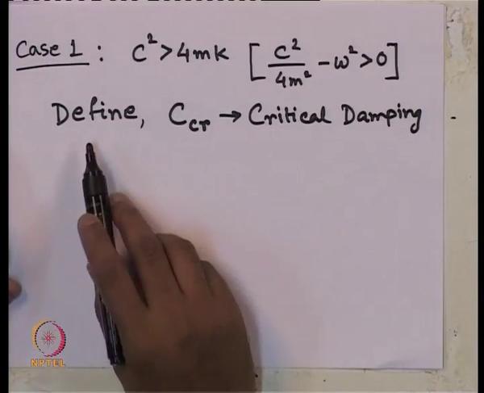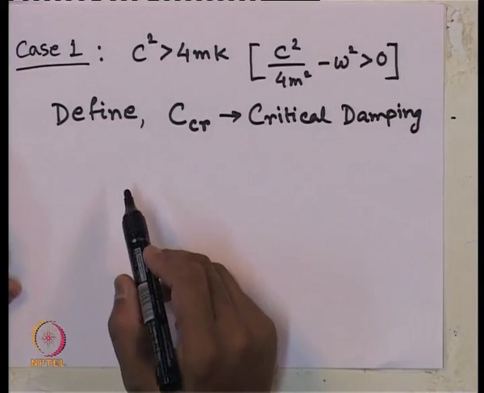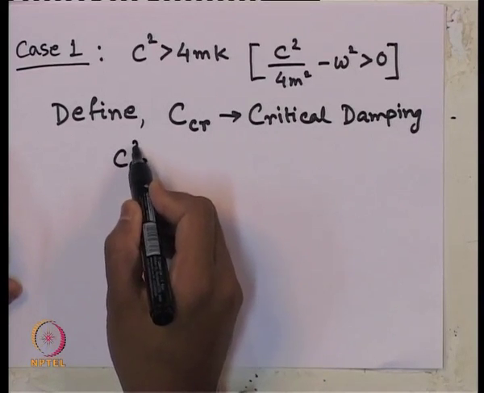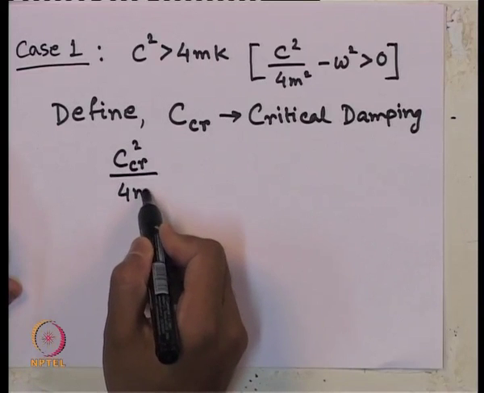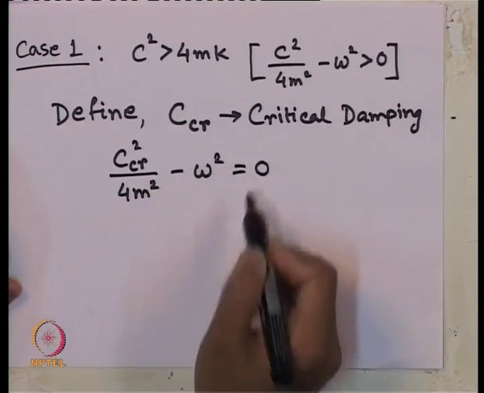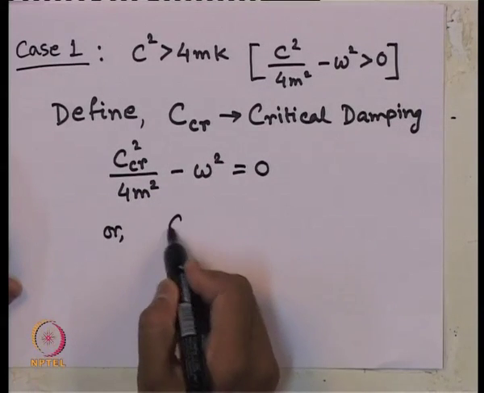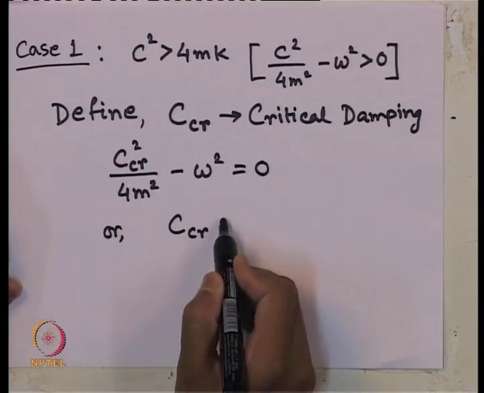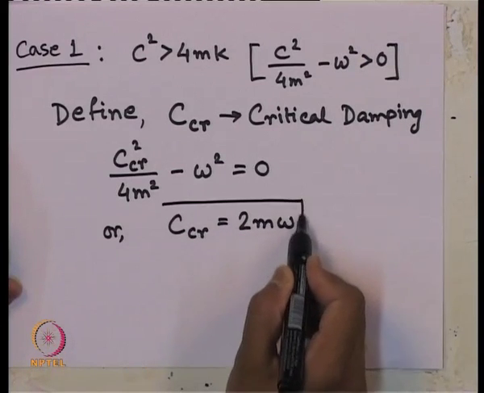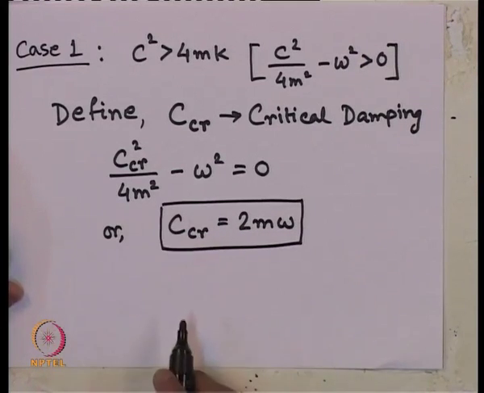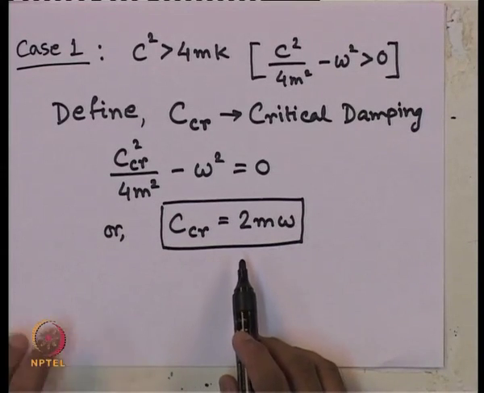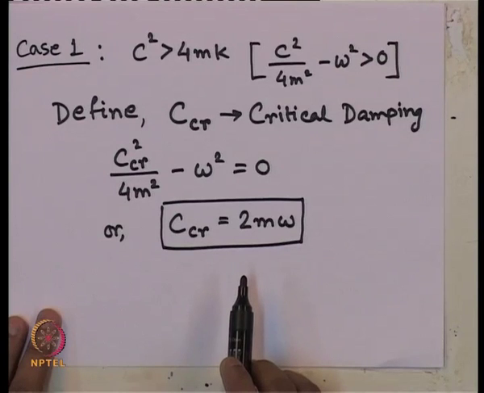So, how we are defining this critical damping constant? In such a way that C_CR square by 4 m square minus omega square equals to 0, or in other words C_CR equals to 2 m omega. So, that is the definition of critical damping constant equals to 2 m omega.